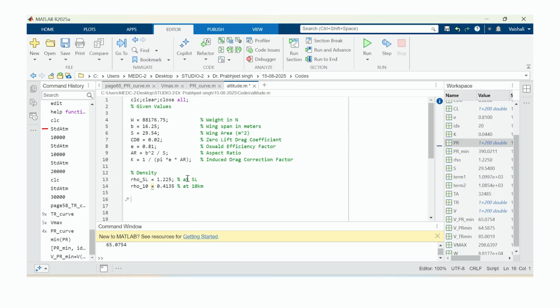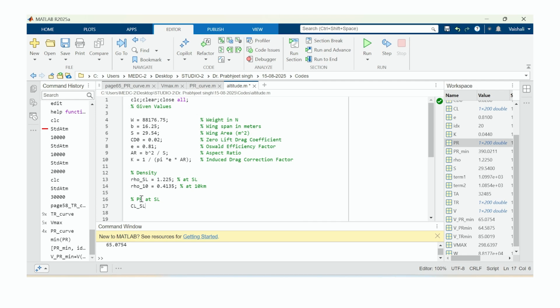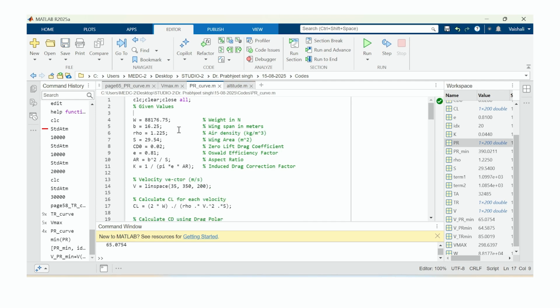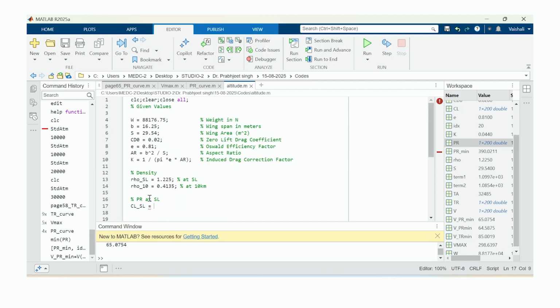Now we will find the power required at sea level. This expression will be the same: CL underscore SL, that is 2W by rho V square S, where this is rho underscore SL.